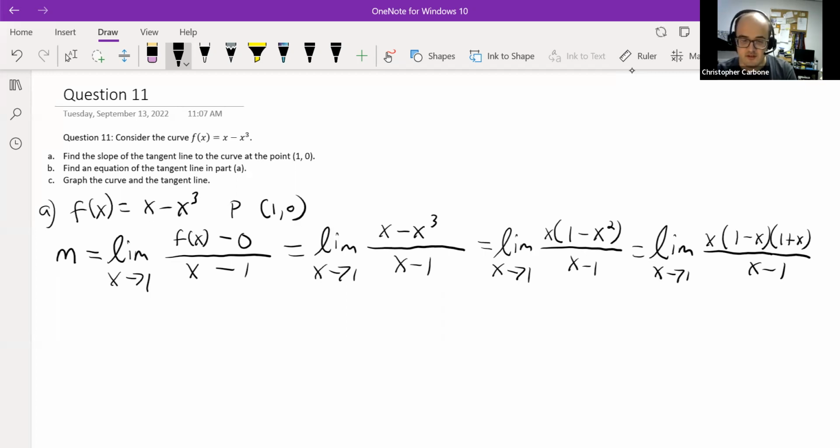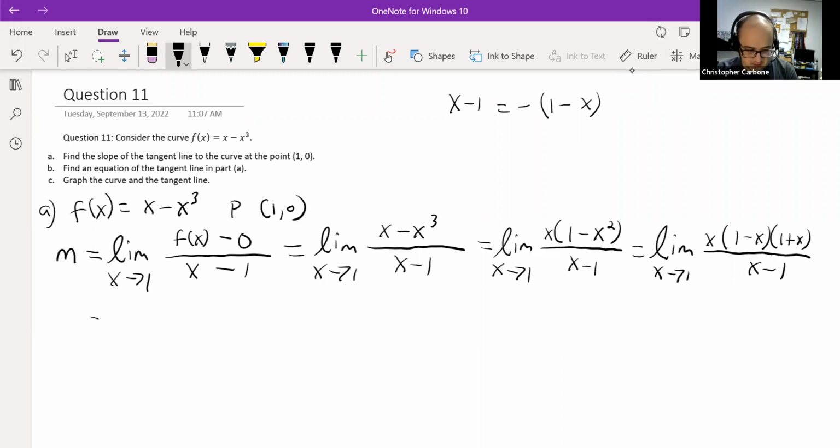It's very important to note that x minus 1 can be rewritten slightly as negative 1 minus x, which would then allow us to cancel stuff out in that fraction.